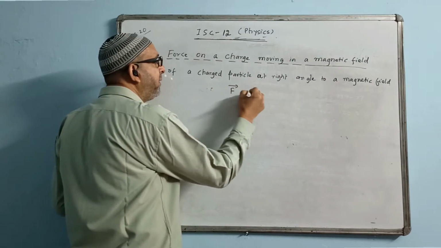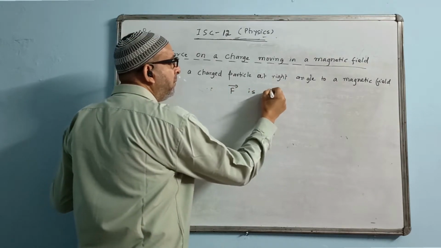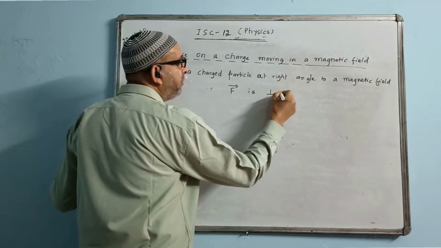since F is perpendicular to both velocity and B. This is the sign of perpendicular.